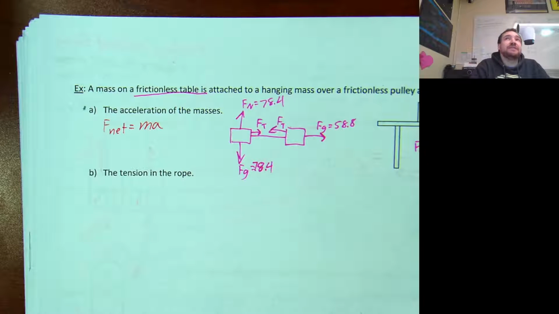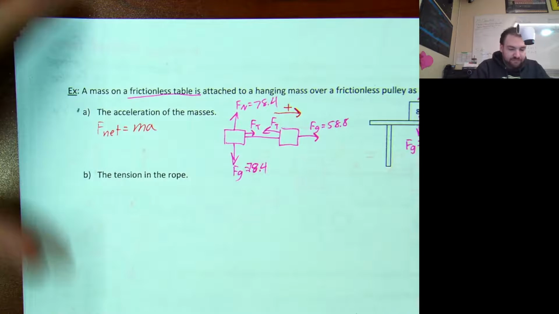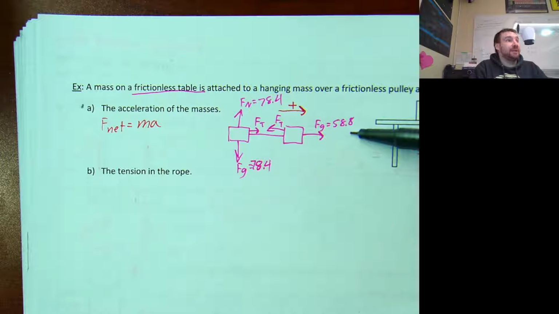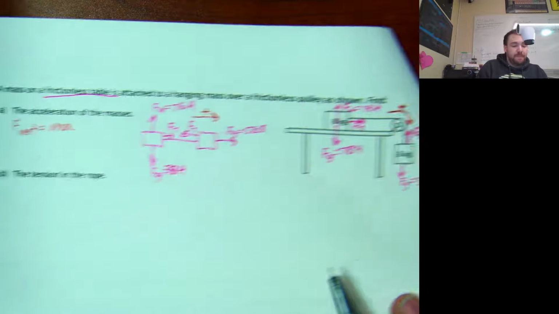What are the forces acting in the direction of motion of the system? Oh, and you guys said that way was positive. I'm going to have two tensions. This gravity over here, the 58.8 newtons, is acting to the right because of how it was laying over the pulley.